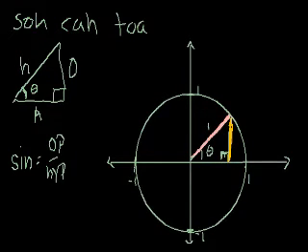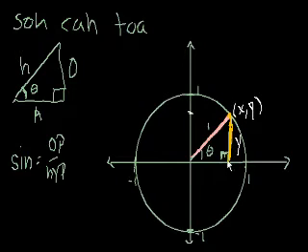Let's say that the point where it intersects the circle is the point x, comma y. What's the height of this opposite side? Well, it's y, because it's just the height of that point.